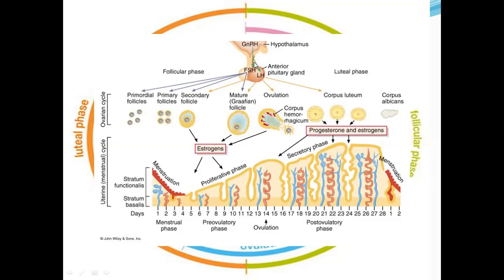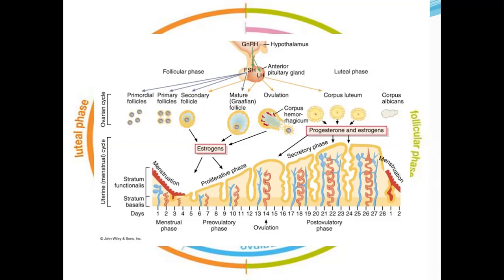This hormone actually stimulates the pituitary gland. The pituitary gland has two lobes: the anterior pituitary gland and the posterior pituitary gland. But actually this gonadotropin releasing hormone will stimulate the anterior pituitary gland. This anterior pituitary gland will start production of gonadotropic hormones.